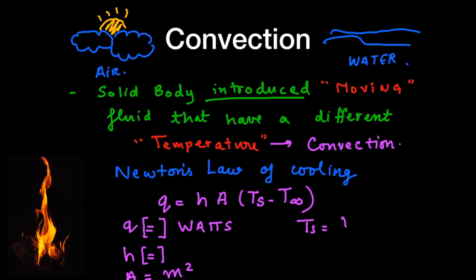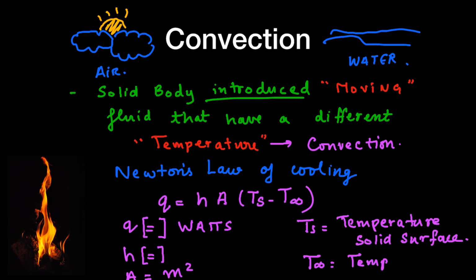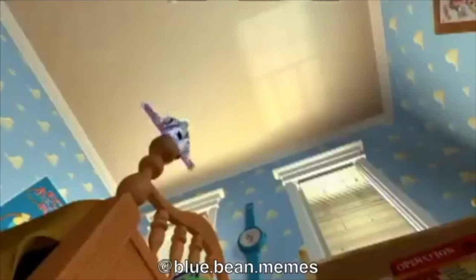Ts relates to the temperature of the solid at the surface. And T infinity is the temperature of the fluid, whether it's air or water, whatever's moving around that solid. So infinity, think of it like an overall, like outside. Infinity and beyond.